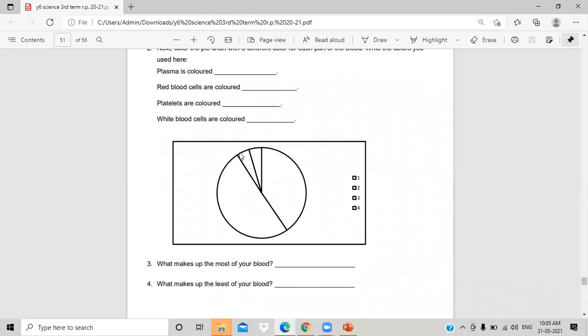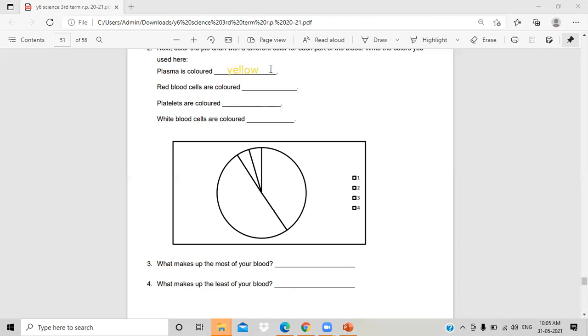Now, what do they want us to do? Right here, we have this pie chart. They want us to color each part of the pie chart with a certain color that represents the part of the blood. For example, the plasma, I'm going to color it yellow.